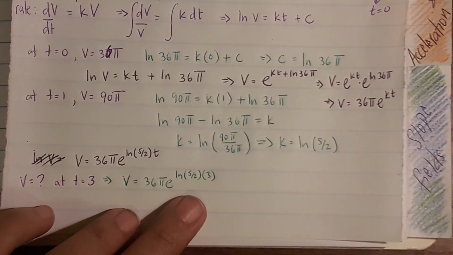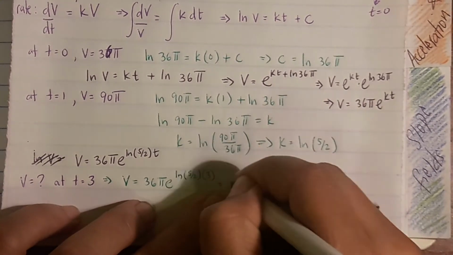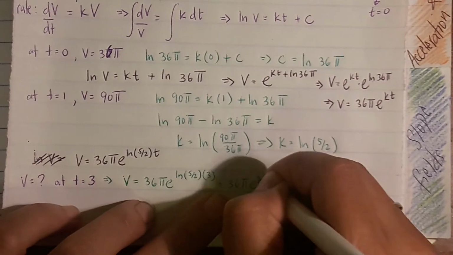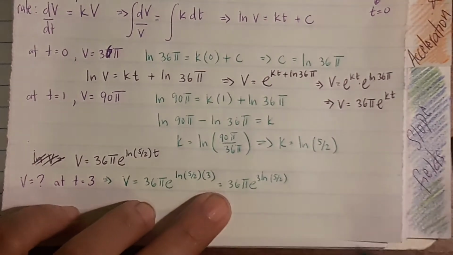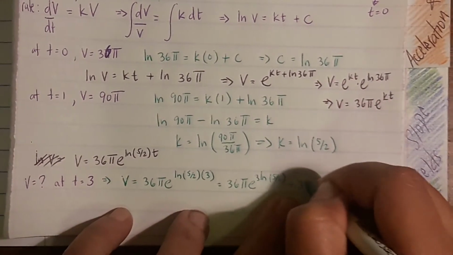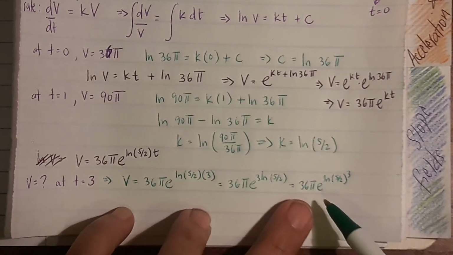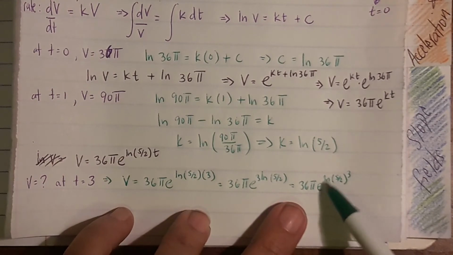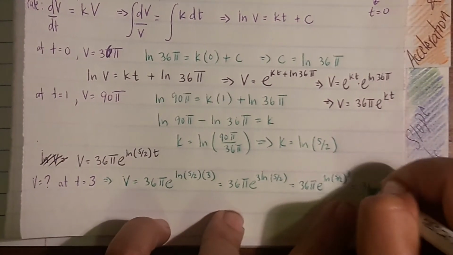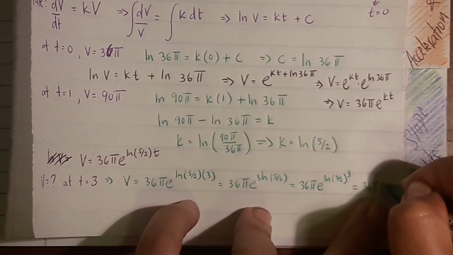So that's going to be 36 pi e to the 3 log of 5 over 2. Using properties of log, we can put the 3 on top as a power. So that's going to be 36 pi e to the log of 5 over 2 raised to the 3rd power. And then because we have e and log, that goes away, leaving 5 over 2 cubed times the 36 pi.